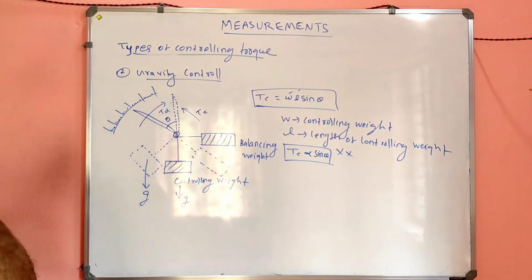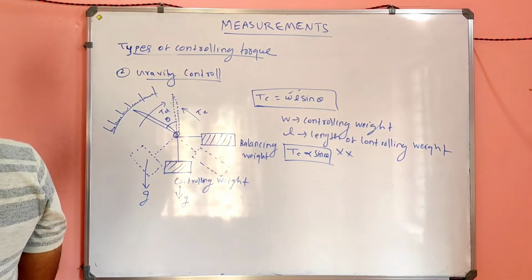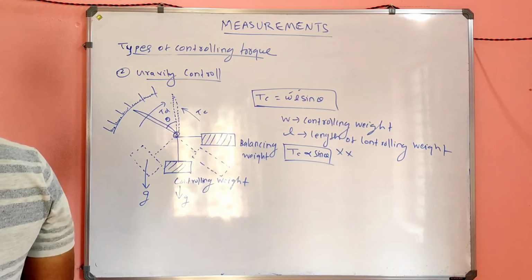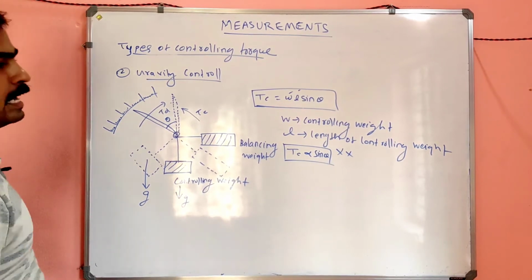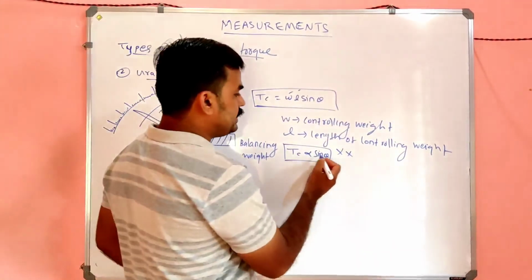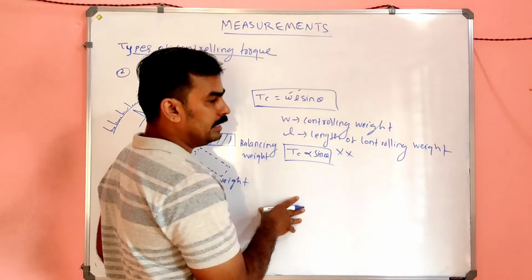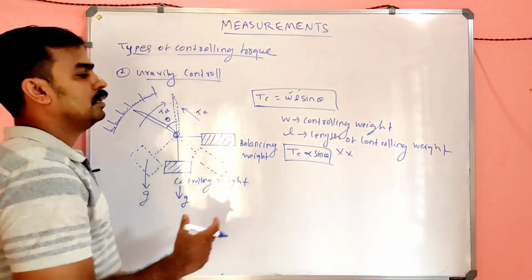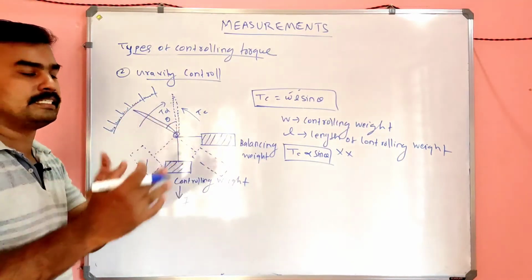Is it clear, my dears? Since TC is proportional to sin theta, the controlling torque is directly proportional to a single quantity, sin theta.